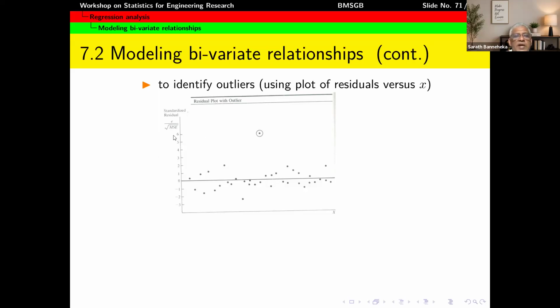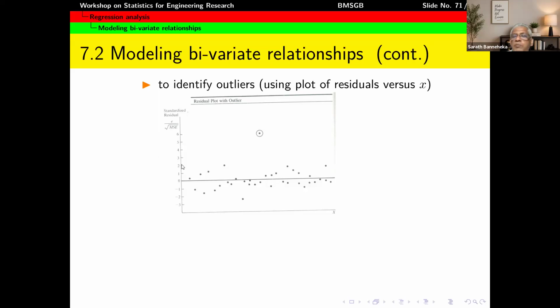And when you plot standardized or studentized residual on the y-axis and x values on the x-axis, if you see this kind of picture, for example, for 1 or 2 x values, the standardized residuals are quite large, right?